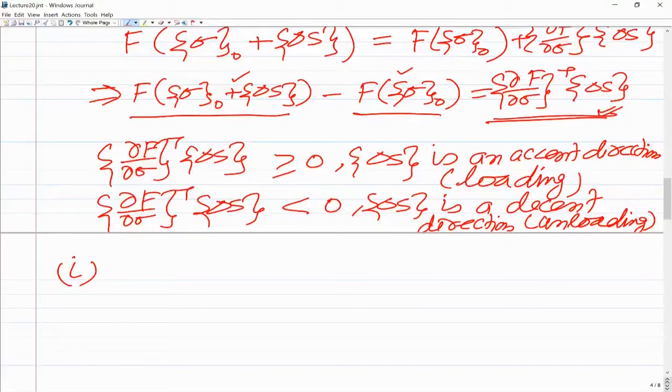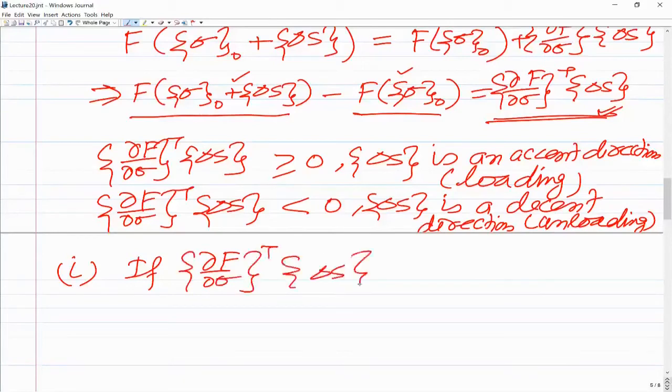Now see, these two possibilities are there. One is, if del f by del sigma transpose into delta s is greater than or equal to 0, that means it is loading. Then you calculate delta sigma. I have already told you how to get this delta sigma for the elastoplastic case.